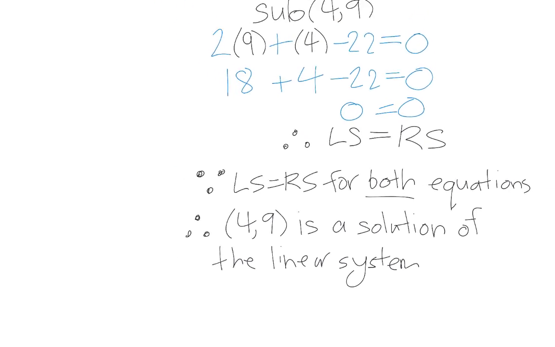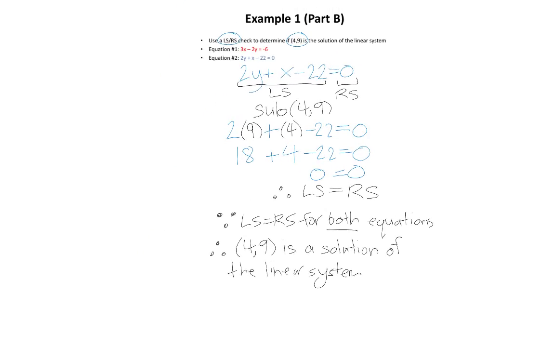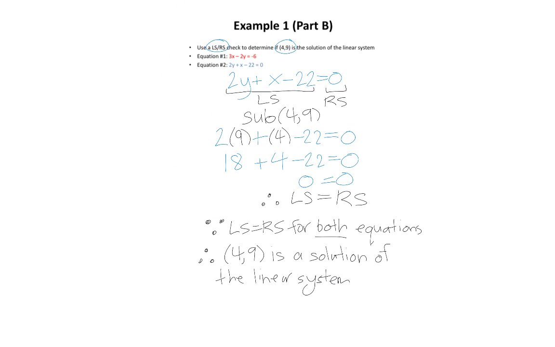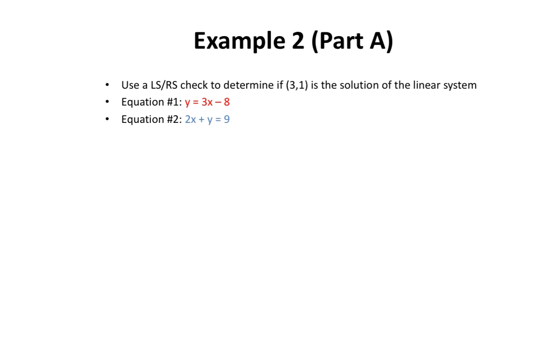And let's just zoom out to show you all the work that was needed for this one question. In our second example, we want to use a left side, right side check to determine if the coordinate (3, 1) is the solution of the linear system, which is listed below. So I have equation 1 in red and equation 2 in blue. I'm going to start with equation 1.